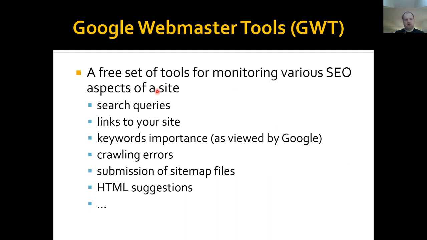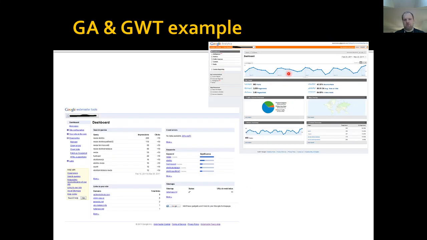You can search for queries, links to site, keywords importance, errors and crawling, and so on. There are also nice graphs, and you can observe statistics for a web page.